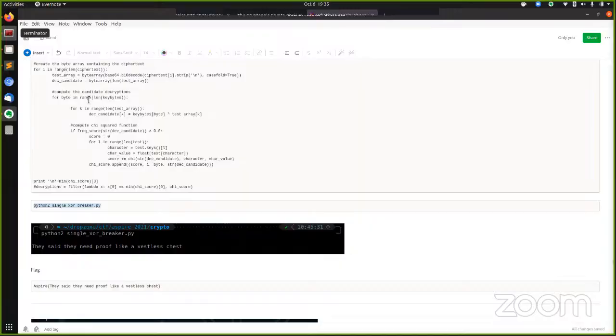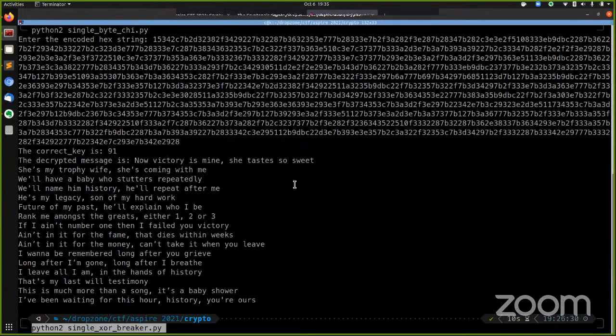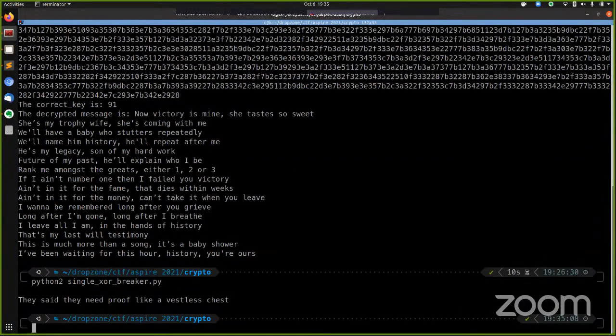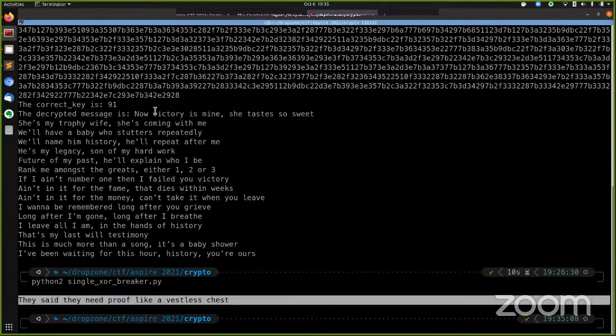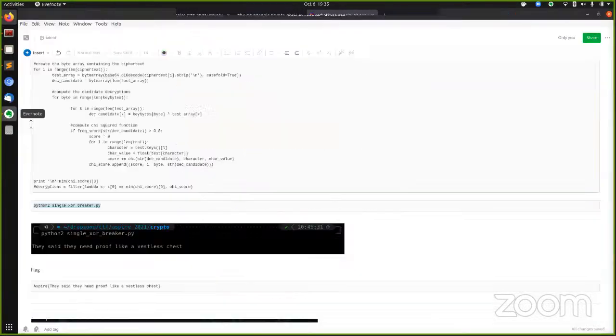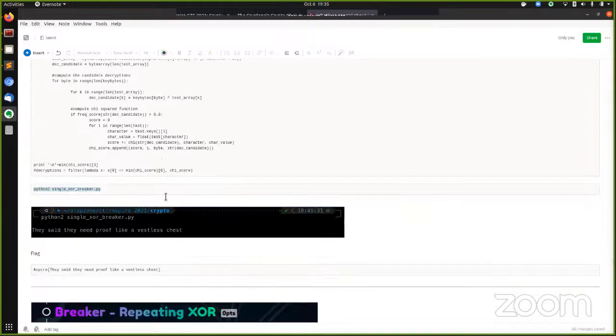If we run that again, it should give us our flag. There are various ways you can code this. You aren't limited to Python, but Python is usually one of the easier languages to do this.